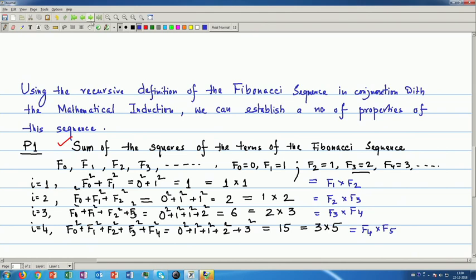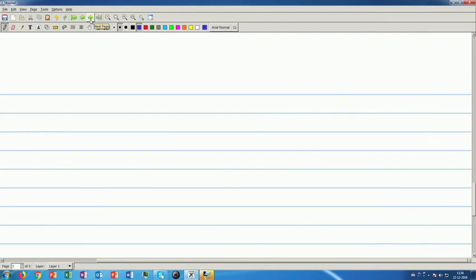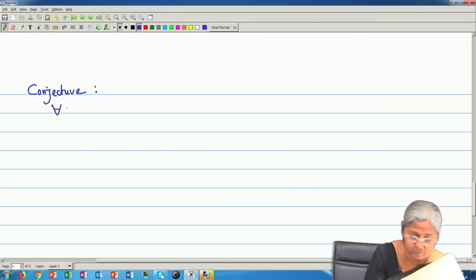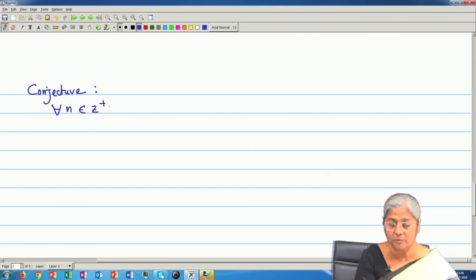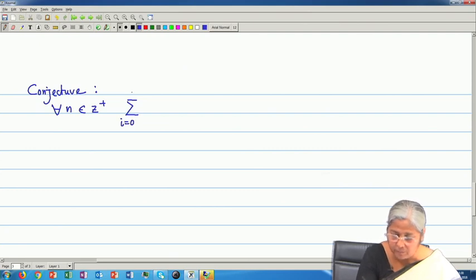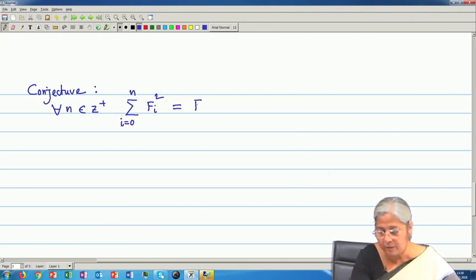So, we can frame the formula. We can write the conjecture, or the result, that for all n belonging to Z plus, the set of positive integers, the sum of squares of the Fibonacci terms up to n terms, if I write this as f i square, becomes f n into f n plus 1.